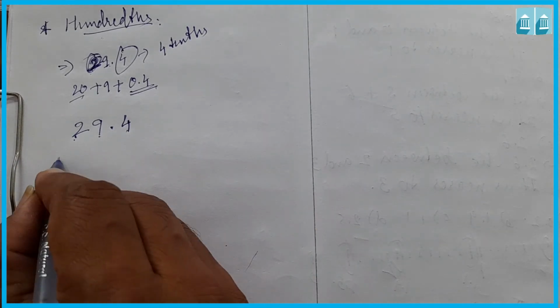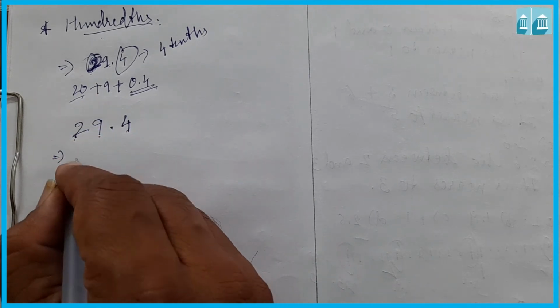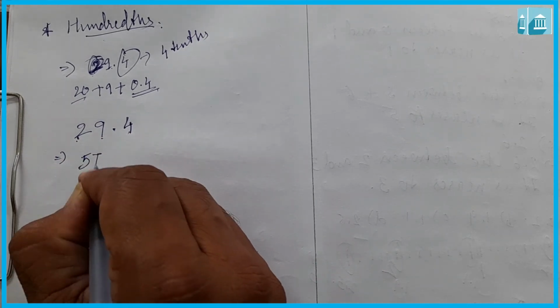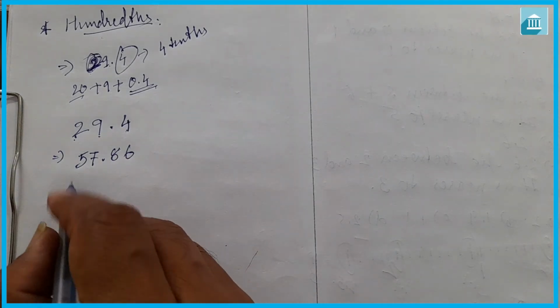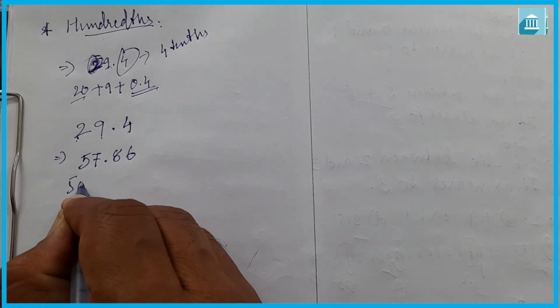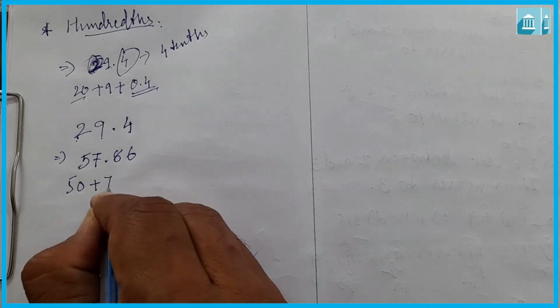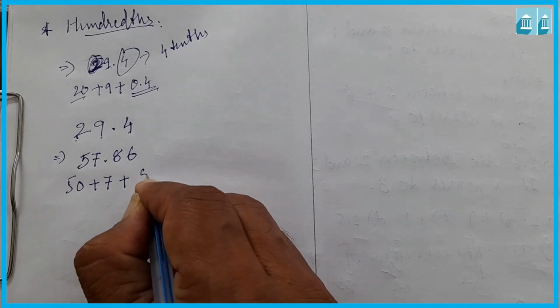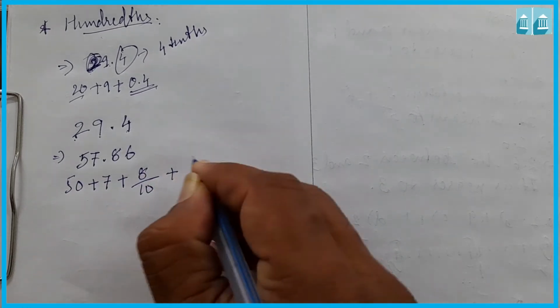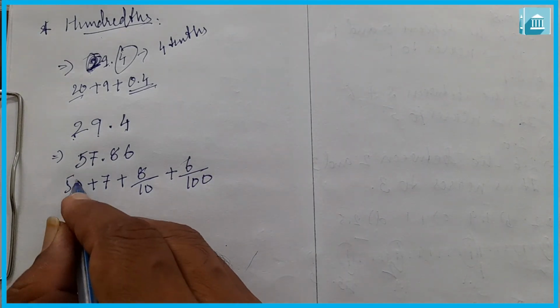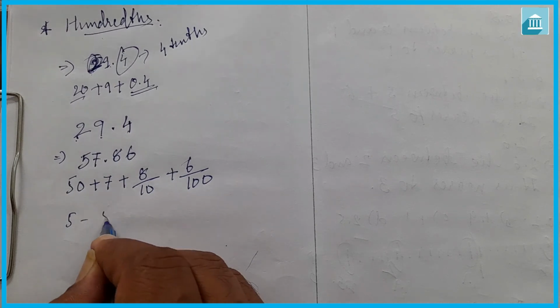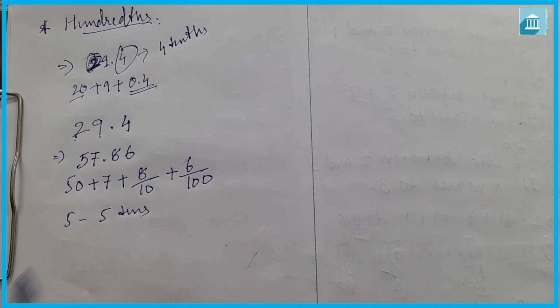In the same way, suppose we are writing the number 57.86. It can be written as 50 plus 7 plus 8 by 10 plus 6 upon 100. So the place value of 5 is 5 tens.